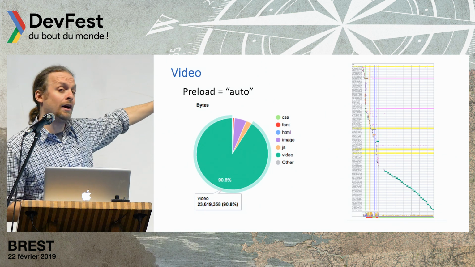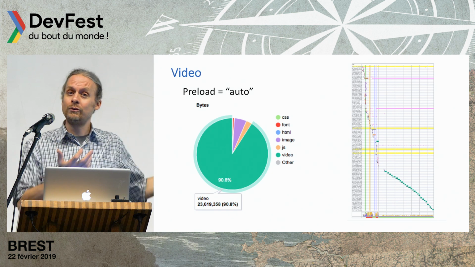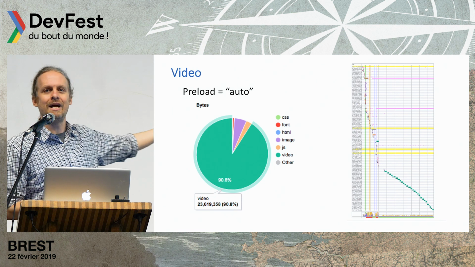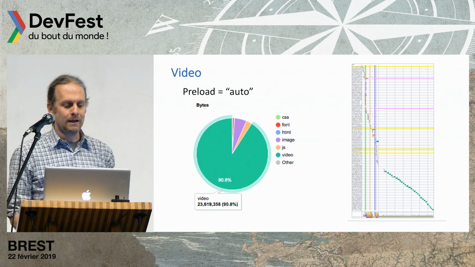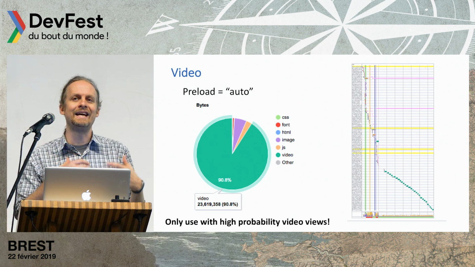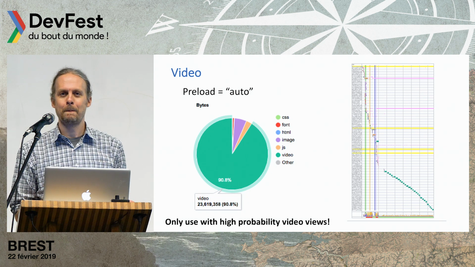Now, there's obviously a cost to the customer for this on mobile, but there's also a cost to you, to the development and to the company serving this much data every single time the web page loads, and we'll get to that. But I would recommend, preload equals auto is great if you think like 95% of the time people will watch the video, right?